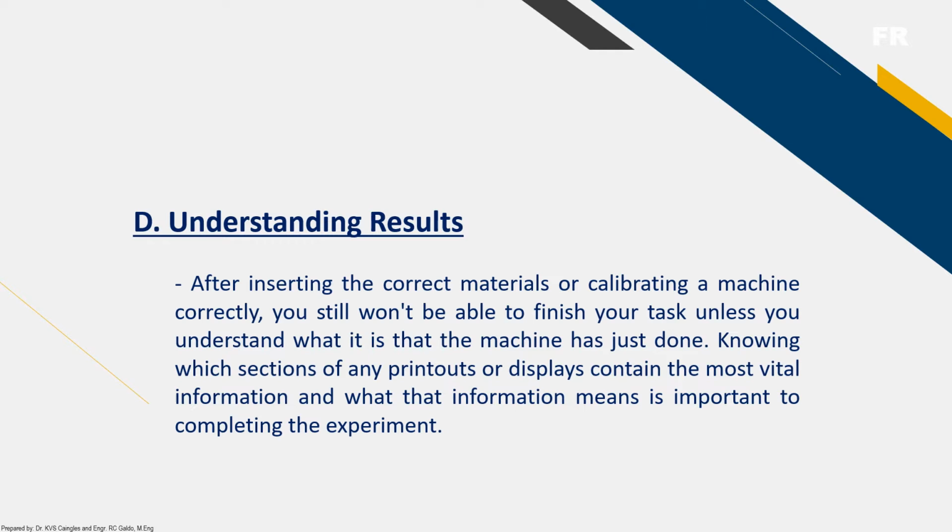Knowing which sections of any printouts or displays contain the most vital information and what that information means is important to completing the experiment. Because after testing, the output is the test result. So you won't complete your entire testing process if you don't know how to interpret or how to read those results.